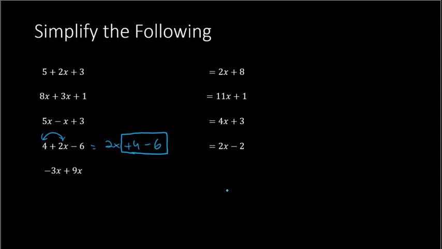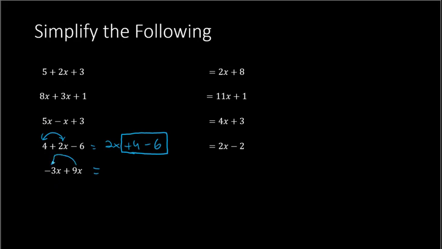All right, next we have negative 3x plus 9x. All right, this one might be a little tricky as you are first learning, but I think you can do well with this. 2 different ways we can think of this. First way is the negative 3x might be confusing, like with it being in the front.